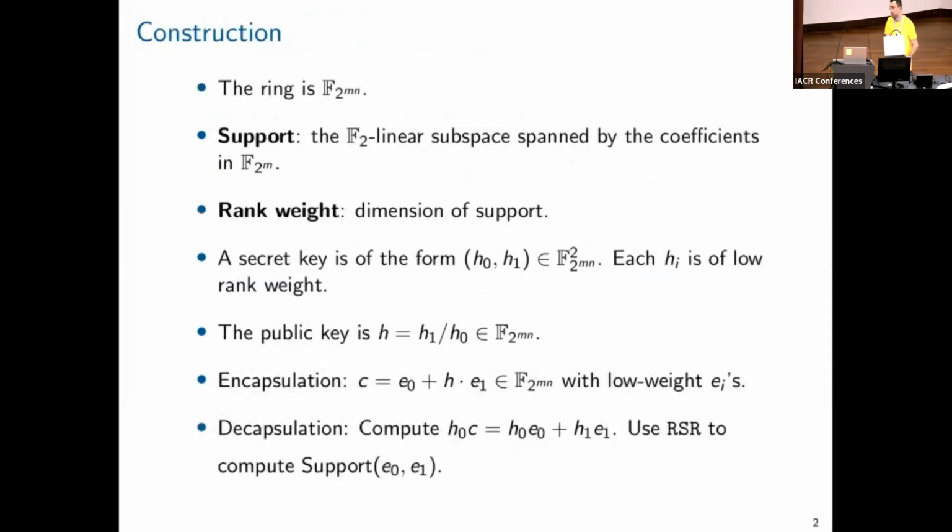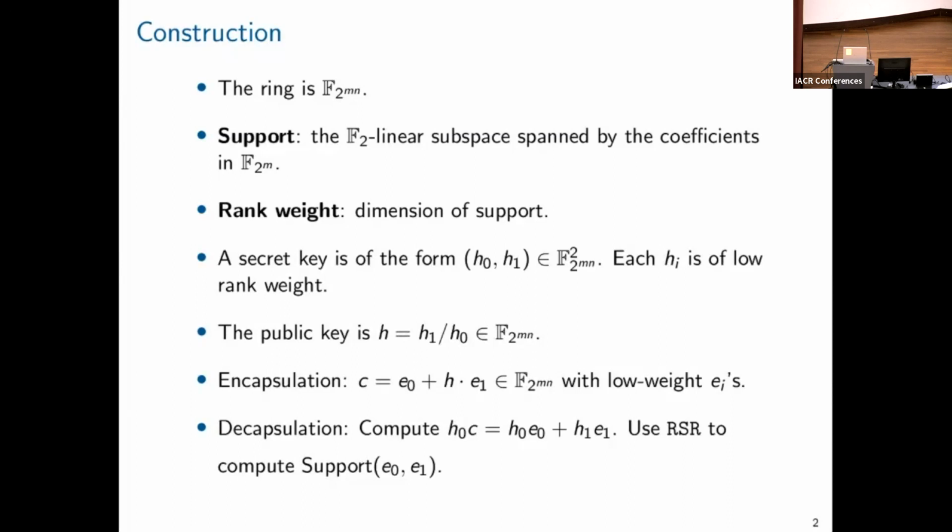Now I can tell you a little bit about the construction of Rollo. Basically, there's a ring. In the case of Rollo, it's a big field F2^n. When you write down a big field element, you can consider it as a list of F2^m elements. Then you consider the F2 linear space spanned by these elements.